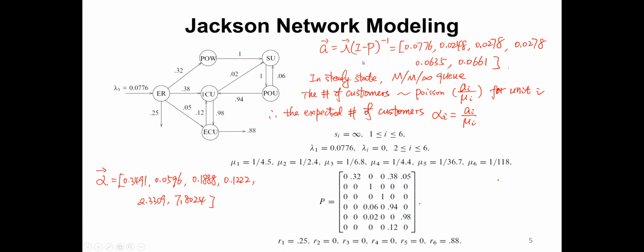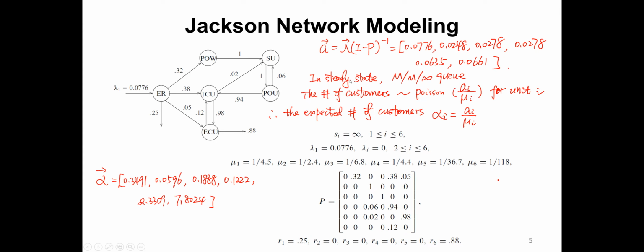If we combine them, we get the combined arrival rate at a particular unit. The equation to calculate this is A equals lambda times (I minus P) inverse. So this is the arrival rate to each unit.